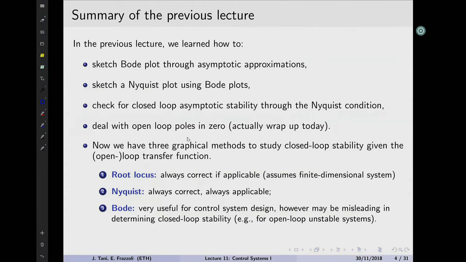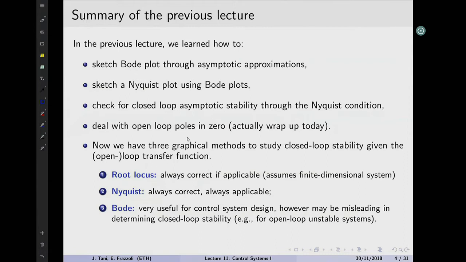And we analyze the contributions of the magnitudes and the phases of these terms, doing some asymptotic approximations that allow us to quickly sketch the frequency response of the system and provide some information.